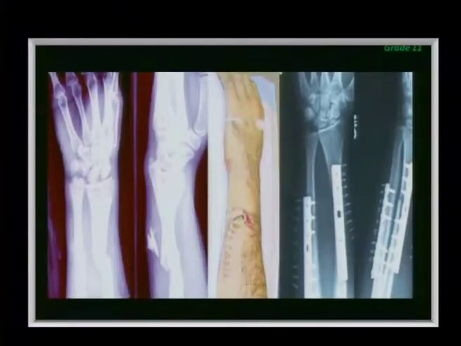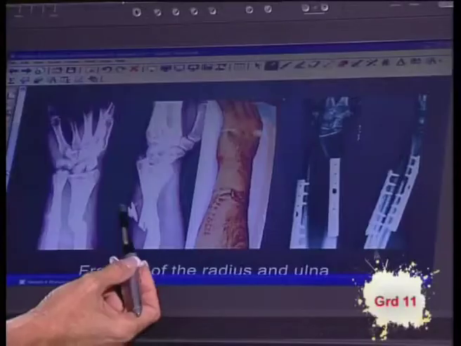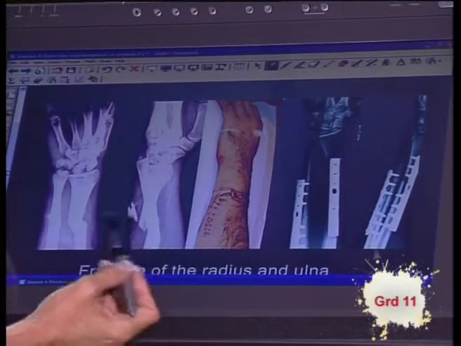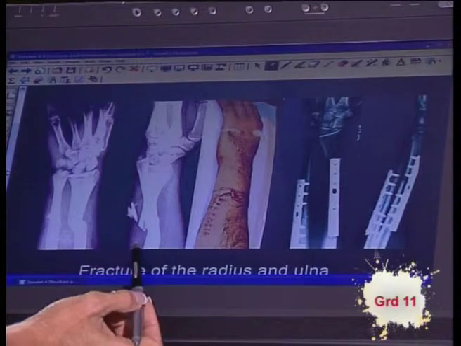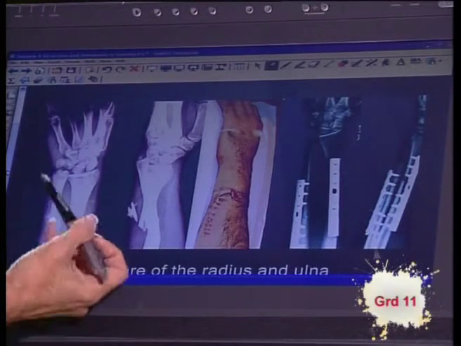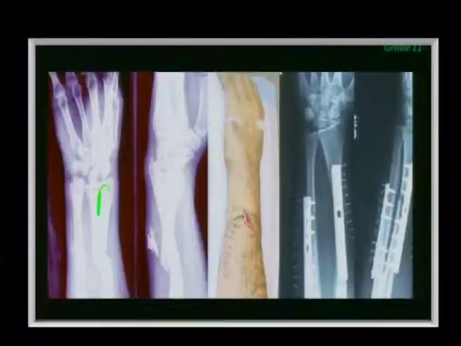Here I've got pictures for you as well, which show you this person had a very, very bad fracture. Now you can actually see from the different x-rays, this is the same arm, but from the side there, the bone is completely broken. So remember, I'm going to write on here, that's the radius, and this would be the ulna.